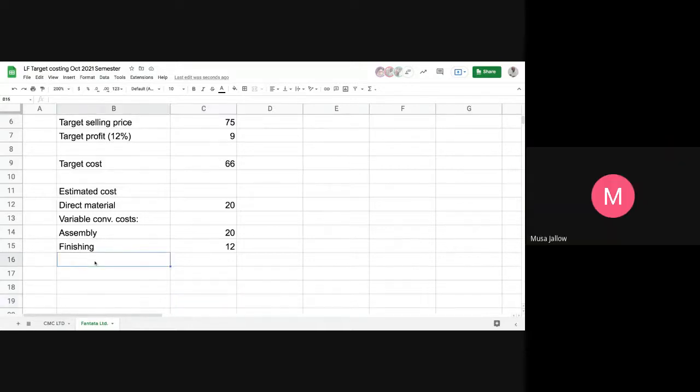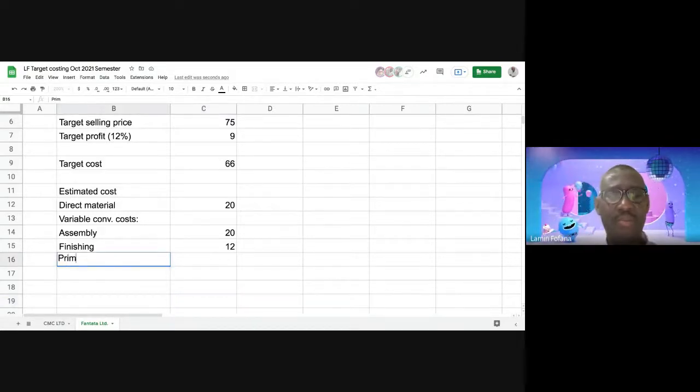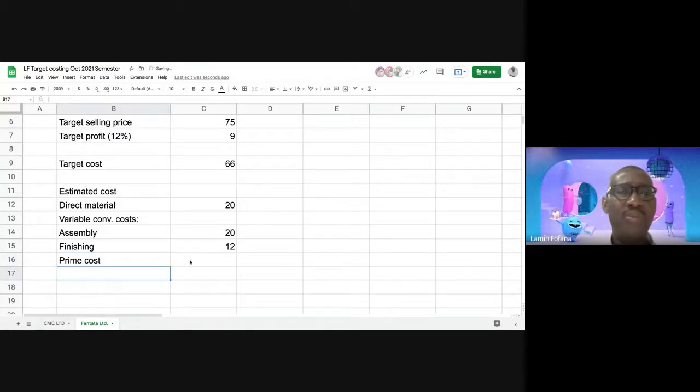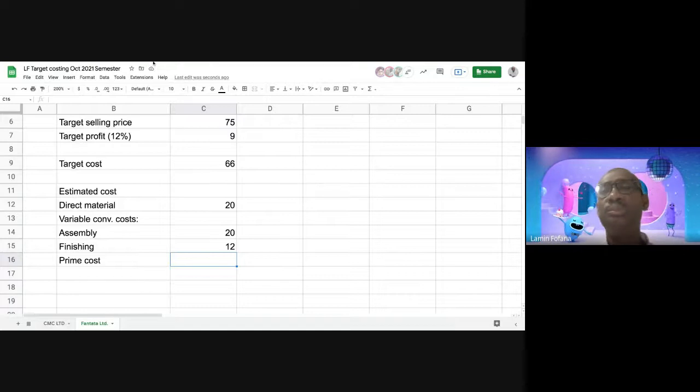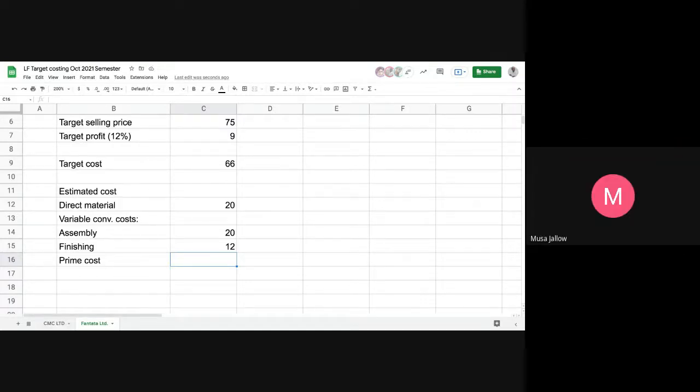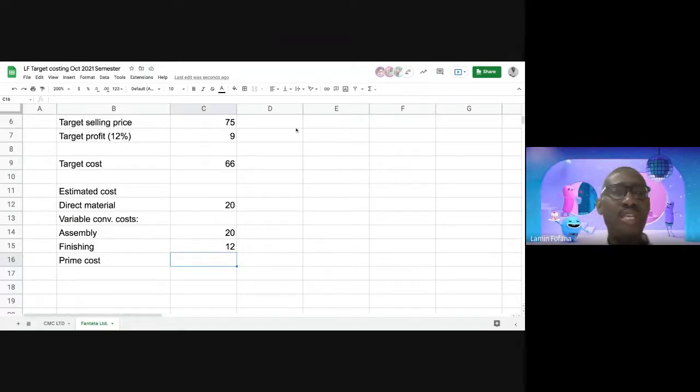No. Okay, so we have our prime cost, which is the total of all the variable costs. How can we find the total for our prime cost here? Equals. Where we are at the moment is C16.